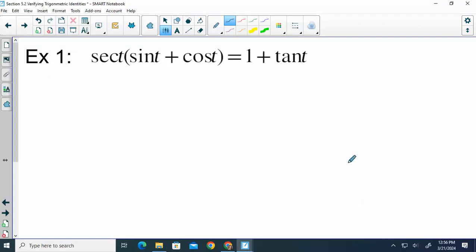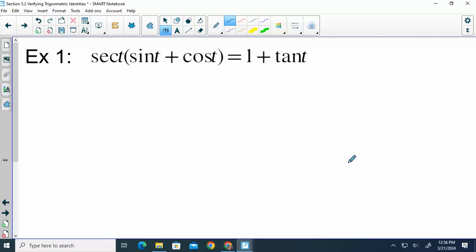First problem. Secant of t times sine t plus cosine t equals 1 plus tangent t. There is really no right or wrong for these. It's just sometimes easier versus harder.